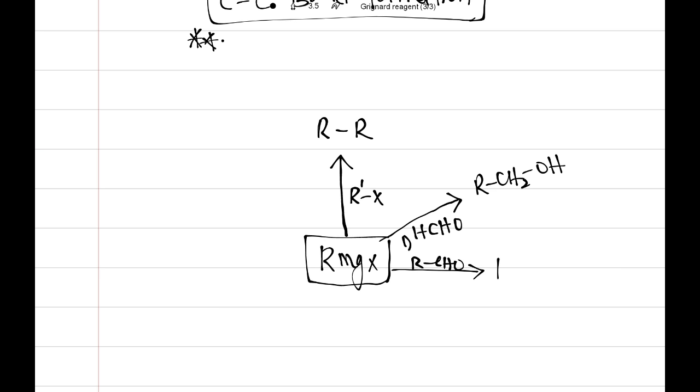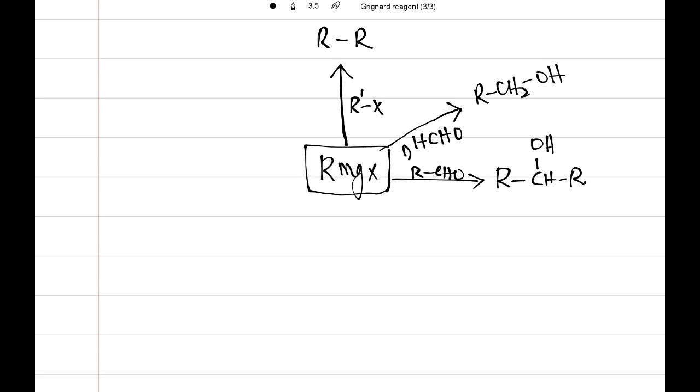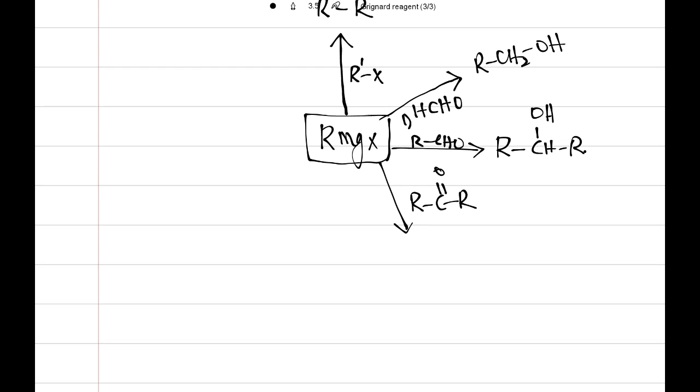We can get the secondary alcohol. When it is reacting with a ketone, we can get the tertiary alcohol. Look at this: this is primary alcohol, this is secondary alcohol, this is tertiary alcohol.